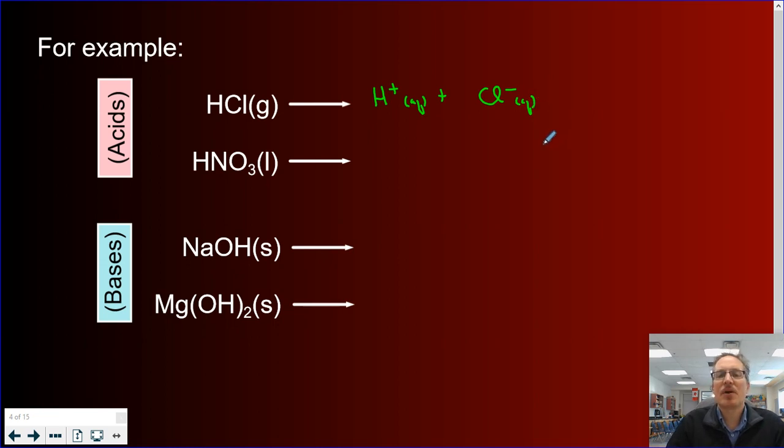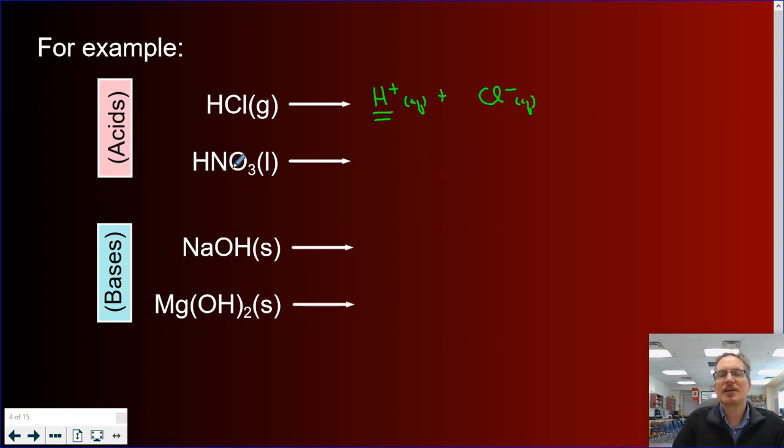Again, same rules as always. It's going to balance when we're done. So one hydrogen, one chlorine, no charge on the left, one positive, one negative, no charge on the right. Arrhenius would say we know HCl is an acid because we have hydrogen ion as a product.